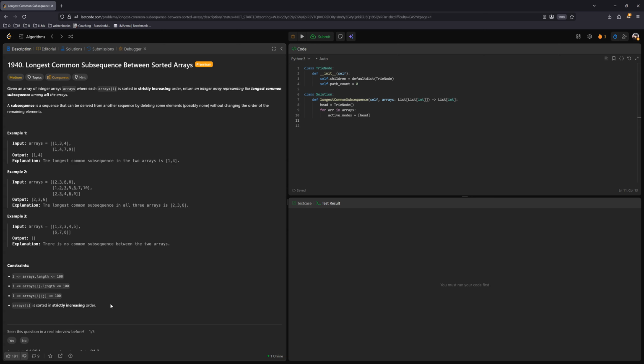Yeah, like if they don't all have a 1, then we get rid of the 1, right? And then if any don't have a 2, then we get rid of the 2. Oh my god. Oh my god. I feel like such an idiot.